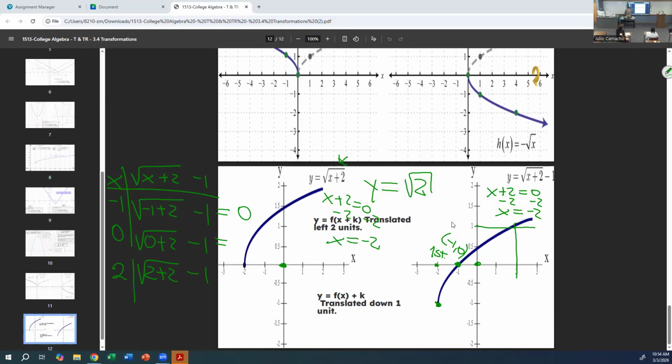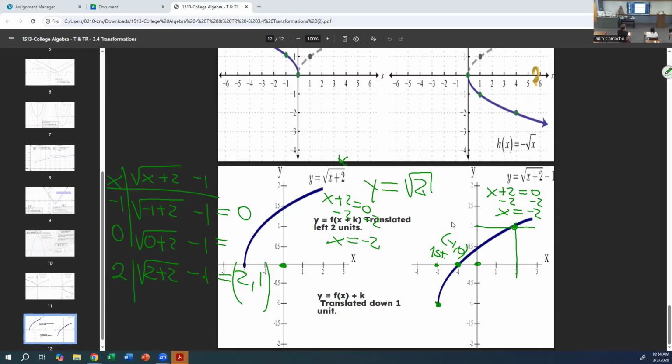The square root of 4 is 2, minus 1 is 1. So the point is 2, 1. That is your ordered pair. And you go here, 2, 1, bingo. And that is all you have to do.